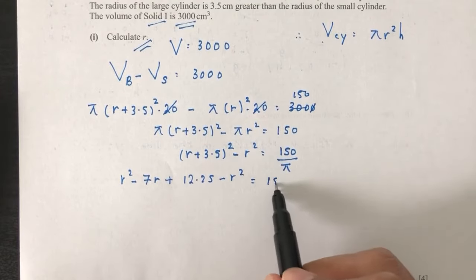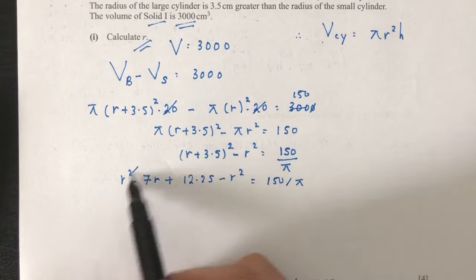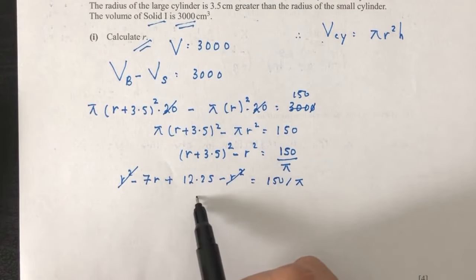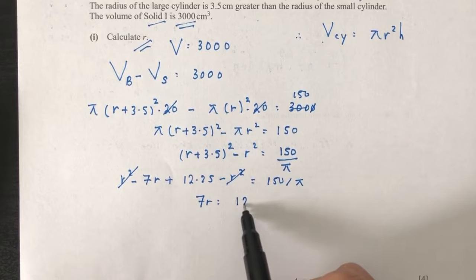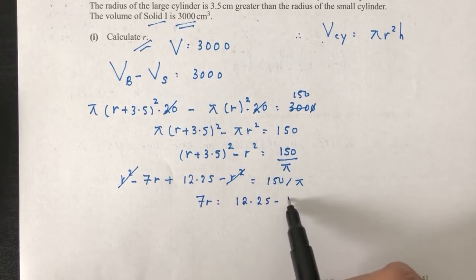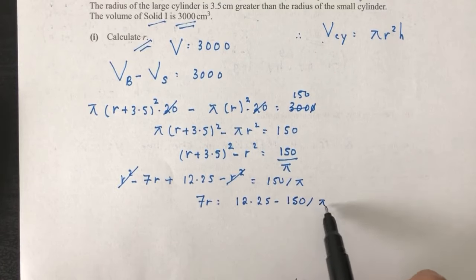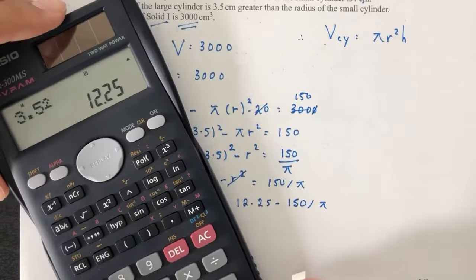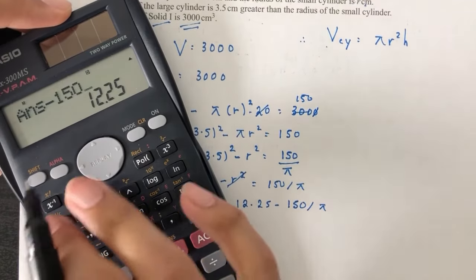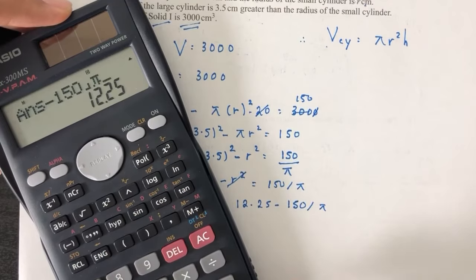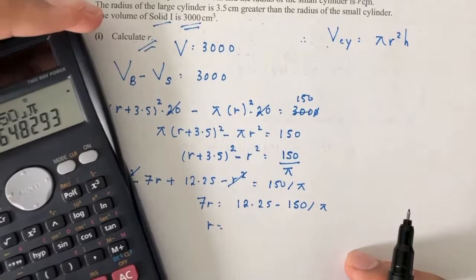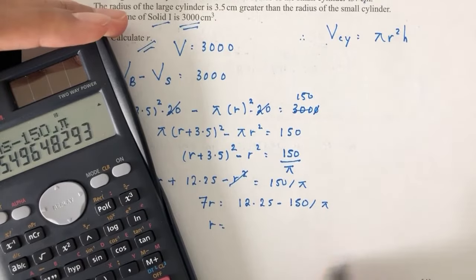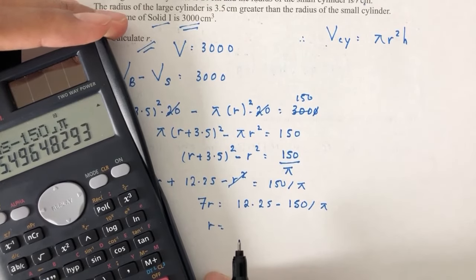So this will be 150 over pi. So r square minus r square goes away. So 7r will be 150 over pi minus 12.25. r is equal to what? That will be this. Divide by 7.